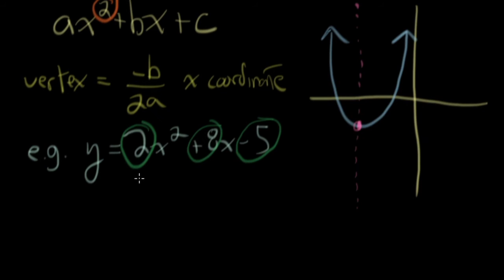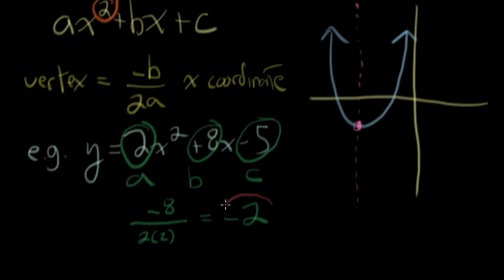Did you notice that I circled the sign? Because the sign is part of it. So negative B would be negative 8 over 2A, which is 2 times 2, which is 4, so that would be negative 2. That's the x coordinate.